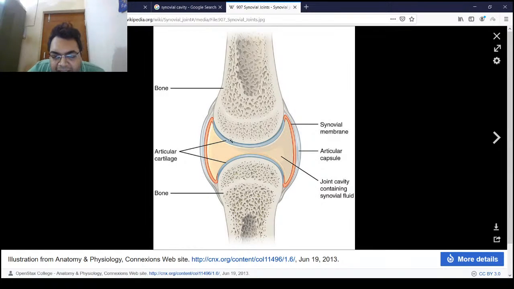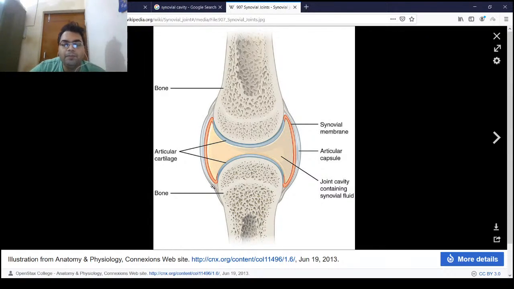cartilage disintegration. This cartilage will get disintegrated completely, and when that happens, in the end the bone to bone collision will start happening, and when bone to bone collision starts happening, you have something known as osteoarthritis.